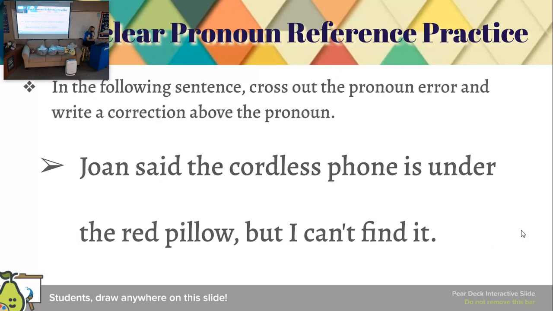So again, you're crossing out the pronoun error, and then you're writing in the fix. Okay, let's take about 5 seconds to finish up here.